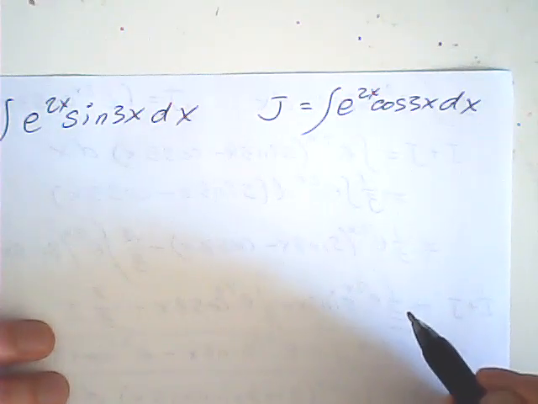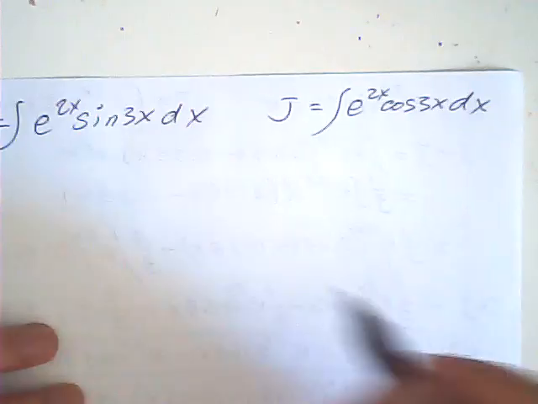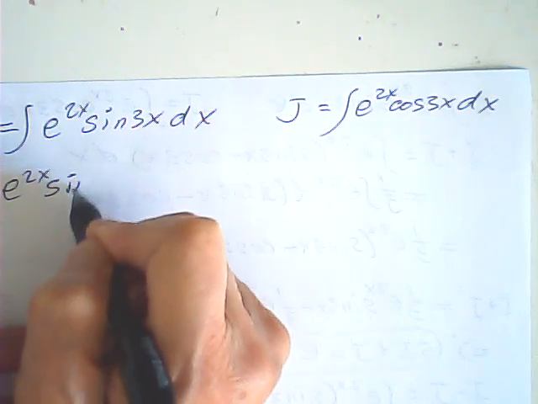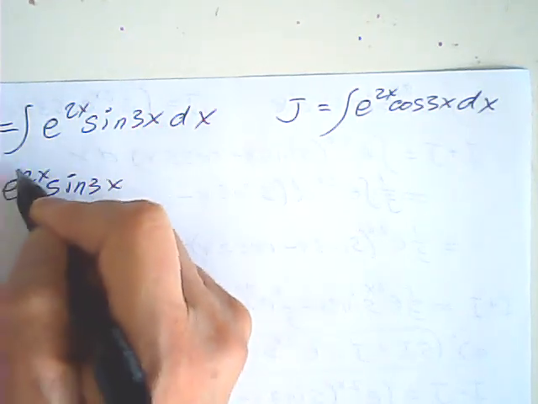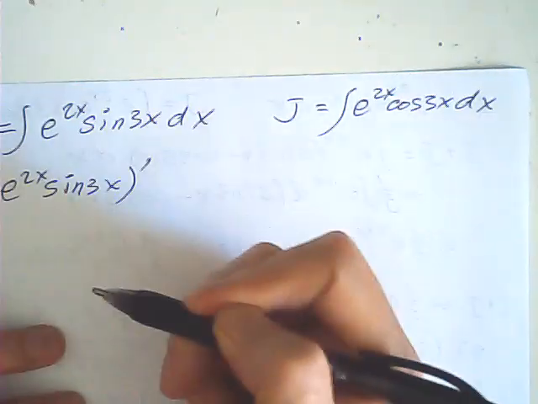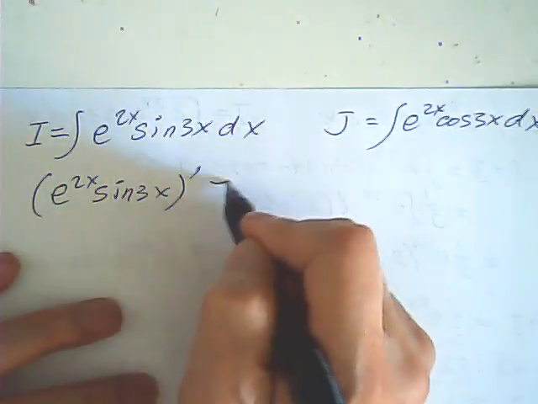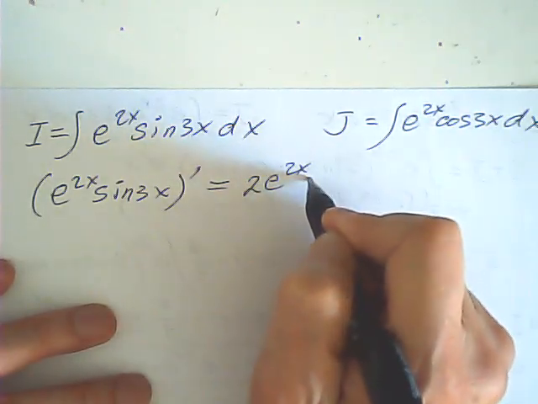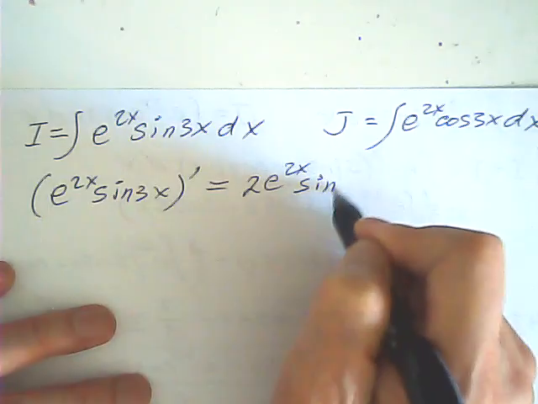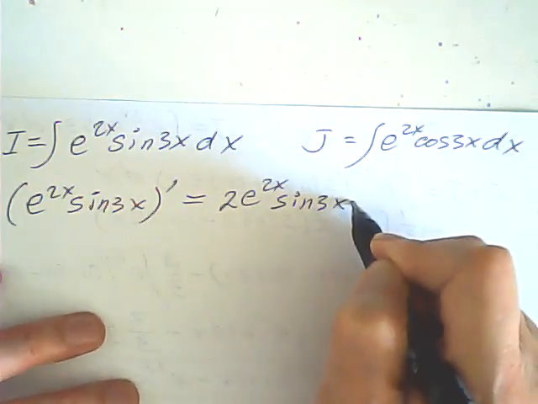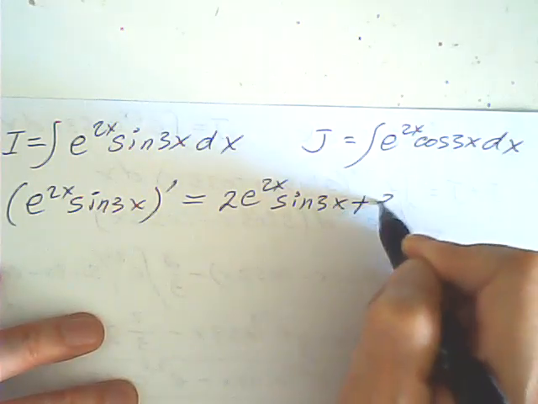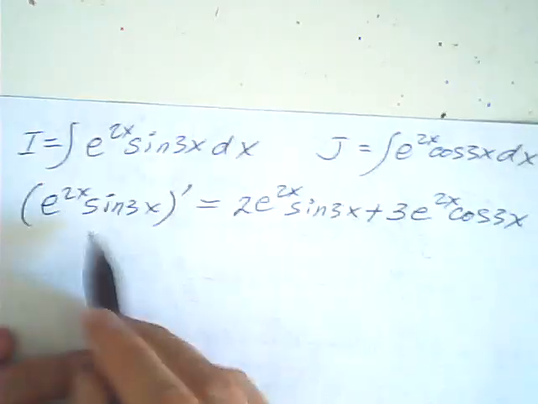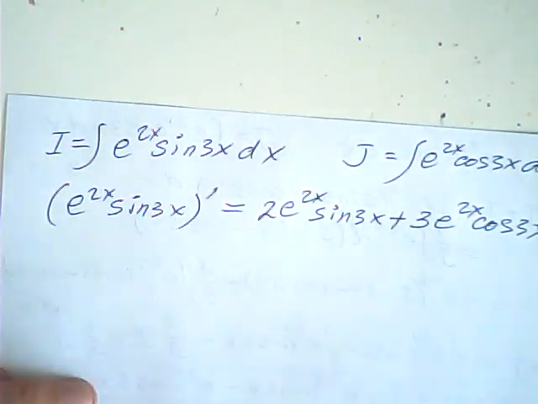Now, if I differentiate this function with respect to x, this would be equal to 2e to the 2x sine 3x plus 3e to 2x cosine 3x. Well, I'm using the product rule and the chain rule.